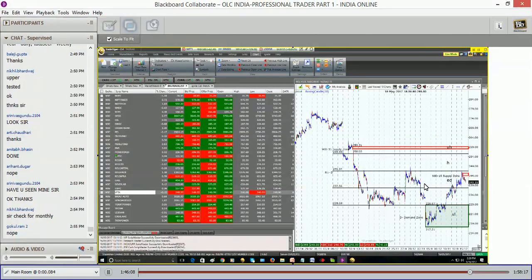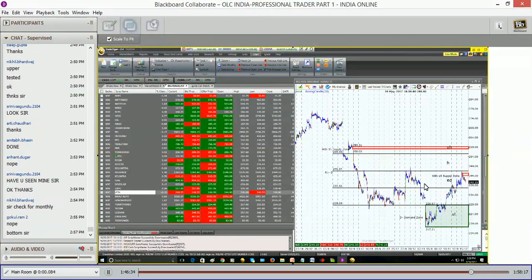The 437 level that you marked, Gokul, is that in the lower end of the curve or is that in equilibrium? Where is that? Is that the 437 bottom?